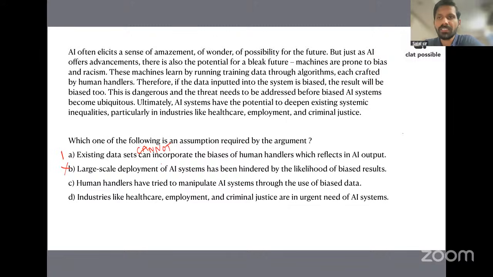So the chances are high that the author is referring to the inherent biases of humans, right? So C is out. Industries like healthcare, employment, and criminal justice are in urgent need of AI systems. Again, no such point is made, right? So D is out. Option A is required, option A is correct.